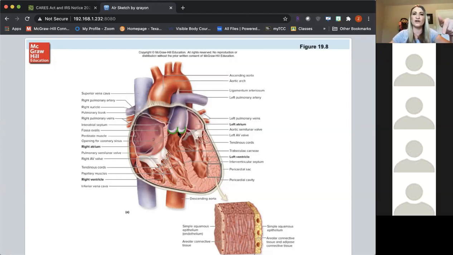And these valves are attached at the vessel wall. But in the middle, where it looks like they're touching, they're not attached to each other. They're just kind of leaning or resting against each other, okay?